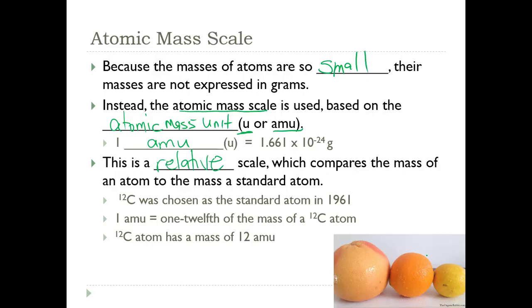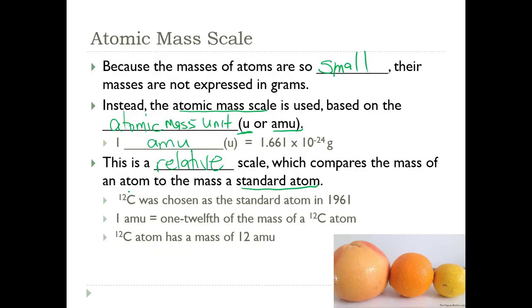But the standard atom is the isotope carbon-12, and this was chosen as the standard atom in 1961. Before this point, chemists and physicists didn't agree on which standard atom would be used, and so depending upon if you were a chemist or a physicist, you would have different values depending upon which standard atom was used for chemistry and which one was used for physics.